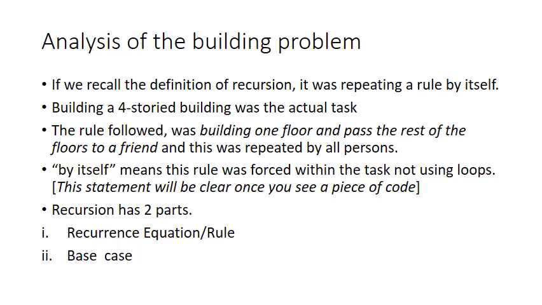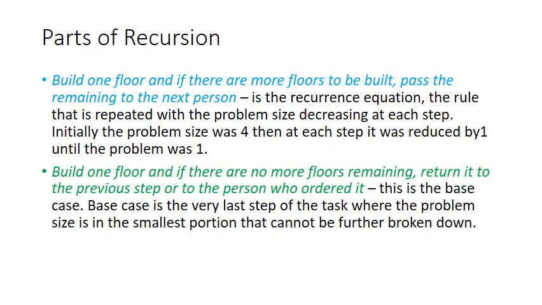The recursion has 2 parts: recurrence equation and the base case, also known as a stopping condition. Build one floor, and if there are more floors to be built, pass the remaining to the next person. This is a recurrence equation, a rule that is repeated with the problem size decreasing at each step.